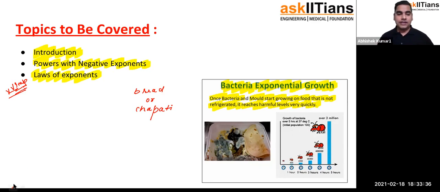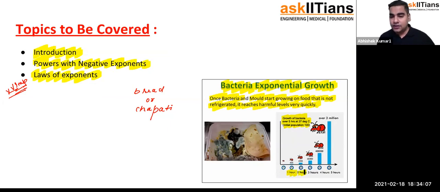For example, you can see here they have illustrated it using this histogram, this bar graph. They are showing here the growth of bacteria over 5 hours at 37 degrees Celsius, and the initial population was 100. Initially the bacteria were 100 in number.